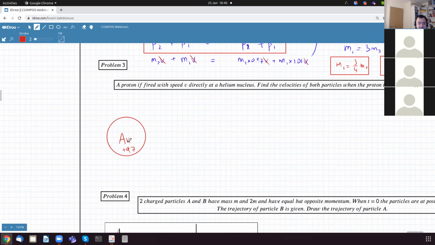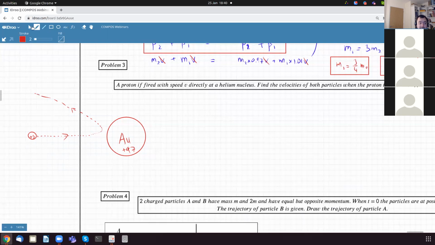It's a heavy charged nucleus, and there's an alpha particle with charge plus 2. It flies towards the gold nucleus and then rebounds from it because of the electrostatic force.